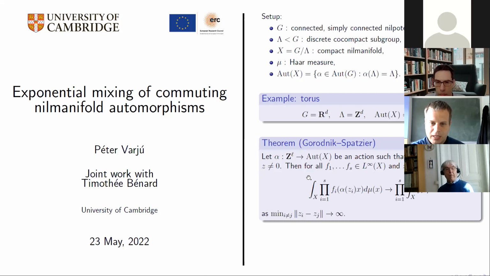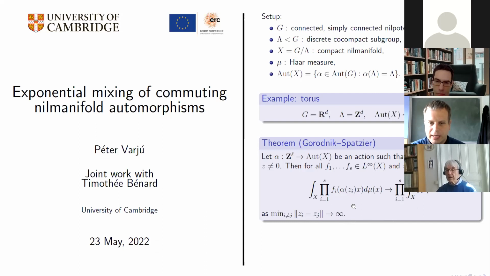So what does that mean? It means that if you take L infinity test functions f_1 up to f_s, and you take some elements of the acting group, and then you precompose your test functions with the action for each of these elements, and you look at the correlation of these test functions, then it will be very close to the product of the integrals of the test functions, if the minimal distance between the elements in the acting group goes to infinity.